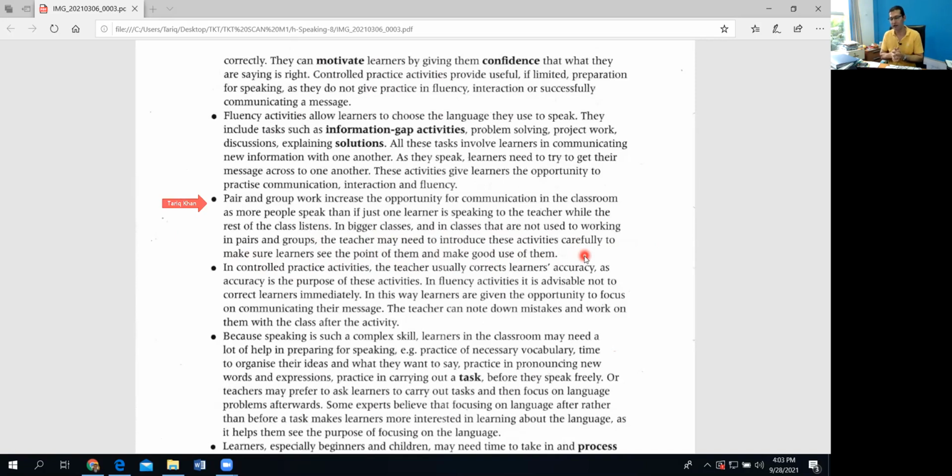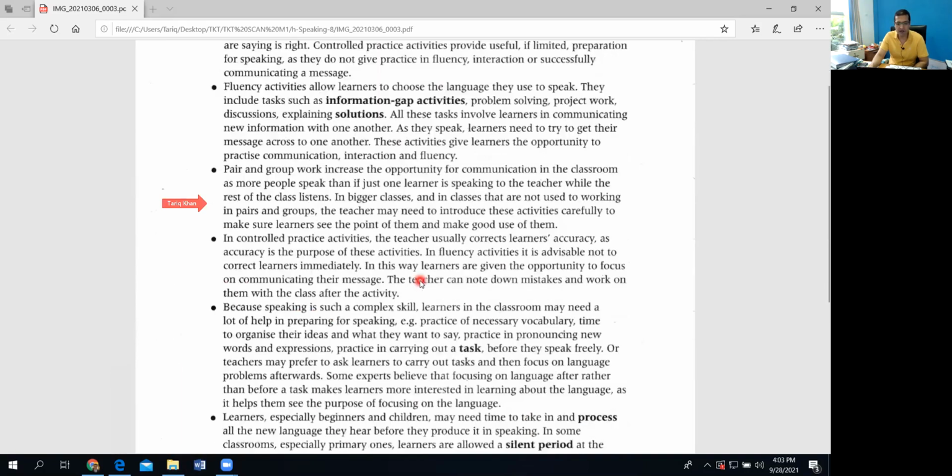The standard class is 15 to 20 students, but we can't predict that sort of thing. In government schools, there are 40, 45, and sometimes more, and mass classes after O level and A level have more students. So you have to plan how to do the pair and group activities. Right.